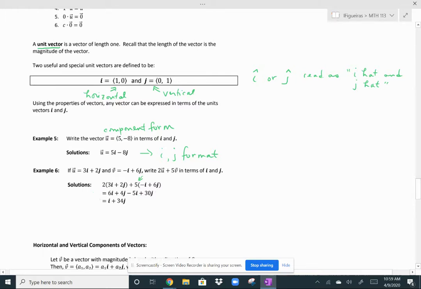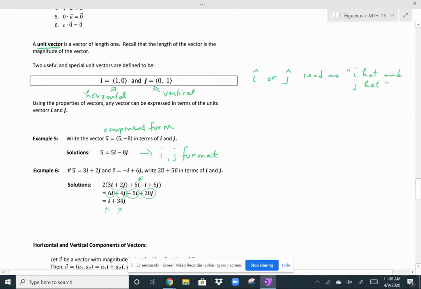Now, to represent the sum of these two vectors, you're just adding the corresponding components. So you can also think of it in terms of like terms. You combine the 6i with the negative 5i, which gives you i, and you combine the 4j with the 30j to get 34j.